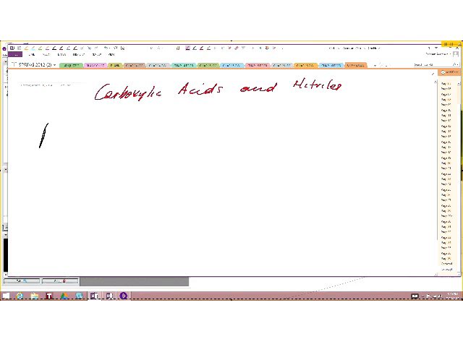With regard to carboxylic acids, you have a compound that is characterized by the presence of the carboxy group. This here is what we call the carboxy group.